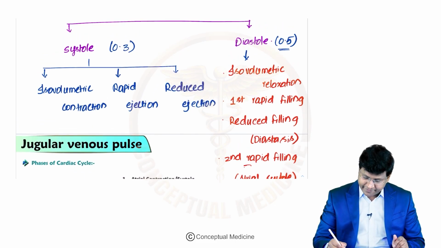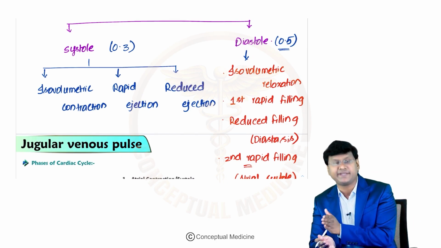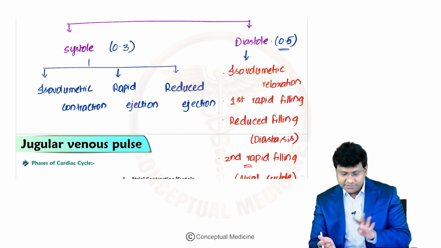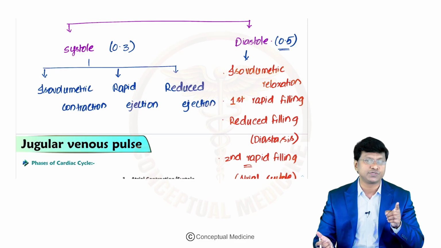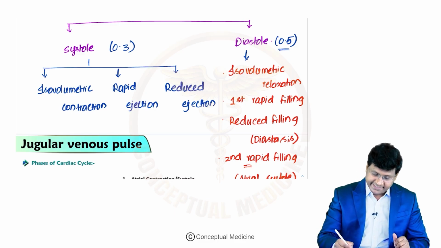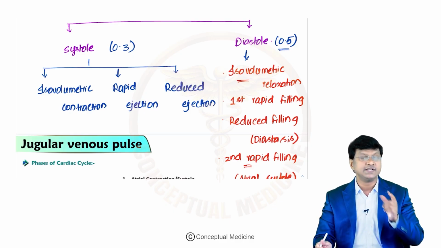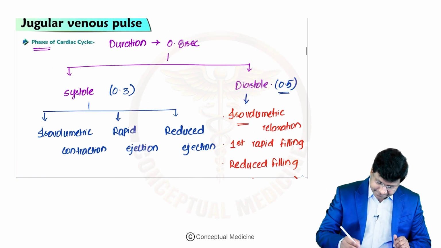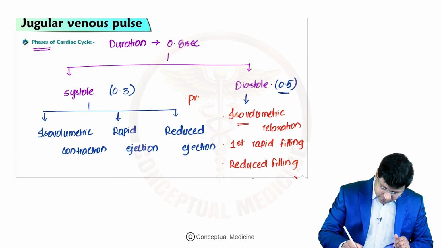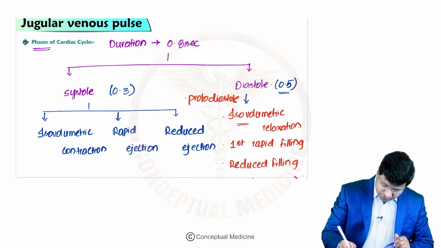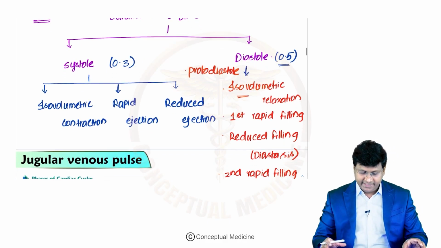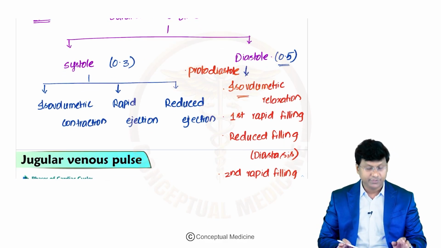So second rapid filling means the late diastolic events. So these are the 4 phases, but some textbooks give one more event before isovolumetric relaxation, the onset of relaxation, that is the protodiastole. So these are the events in the diastole.